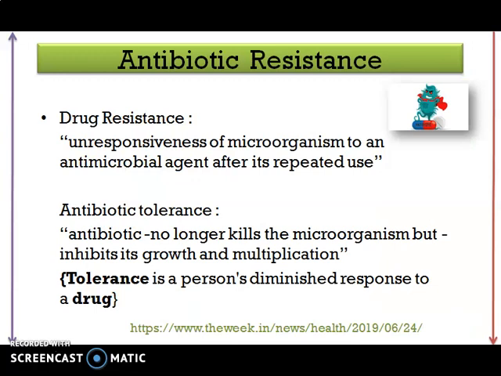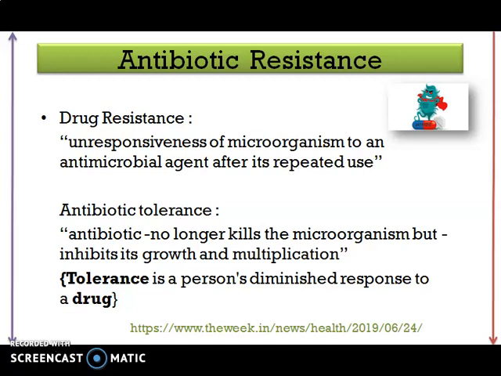That word is drug resistance. Now, what is the definition of drug resistance? Drug resistance is unresponsiveness of a microorganism to an antimicrobial agent after its immediate use.